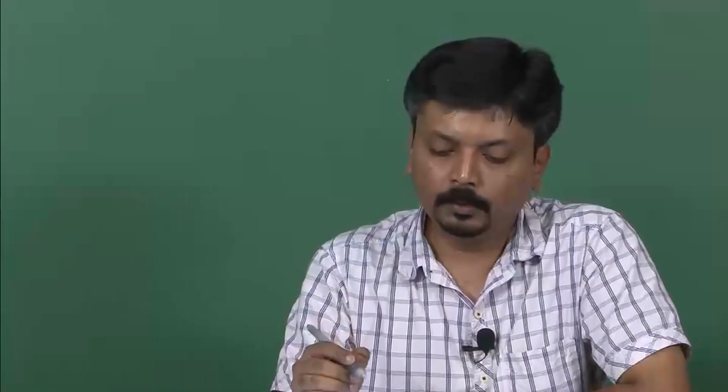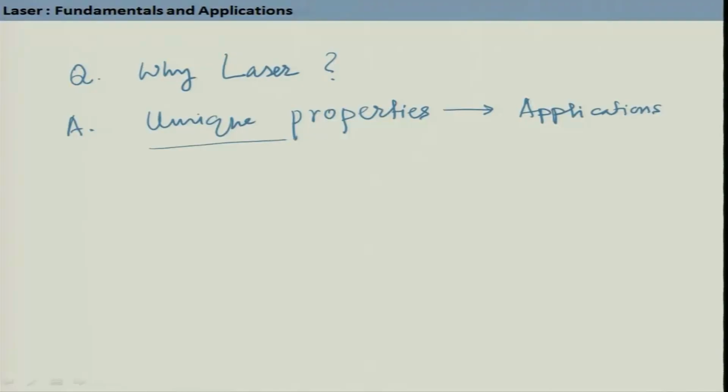When I talk about these unique properties, we can name a few. First, laser light has a property which is called monochromaticity. That is, the laser light has a very narrow line width.